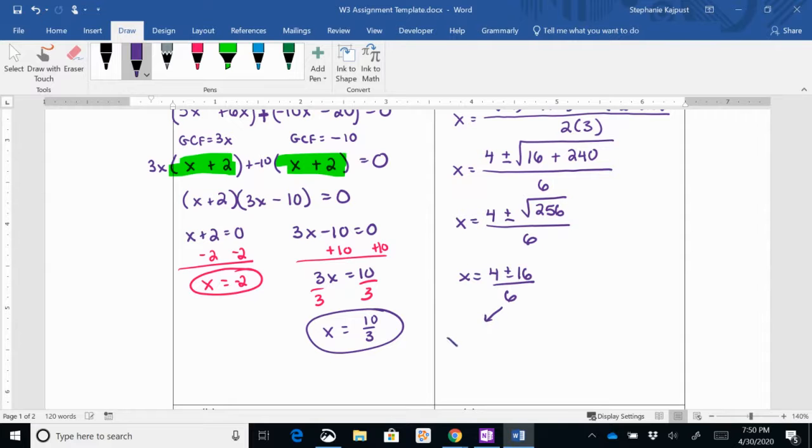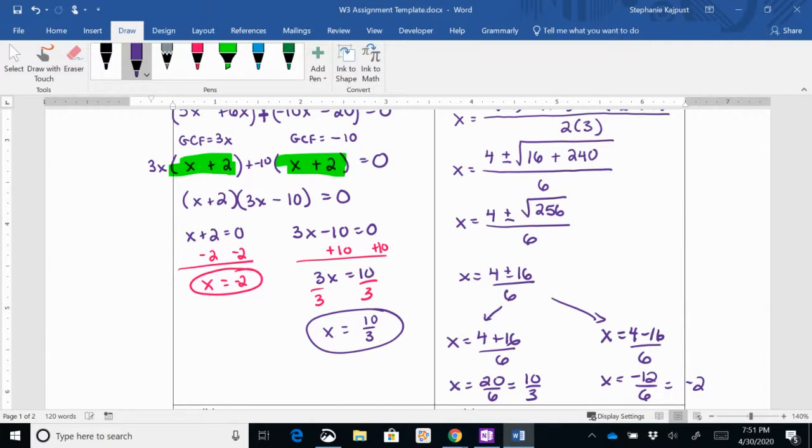From here, we set up two equations, one with the plus and one with the minus. With the plus, 4 plus 16 is 20, so that's 20 over 6, which you can divide top and bottom by 2 to get 10/3. The second one, 4 minus 16, is negative 12 over 6, and that gives you negative 2.